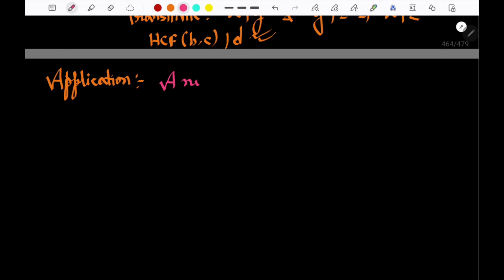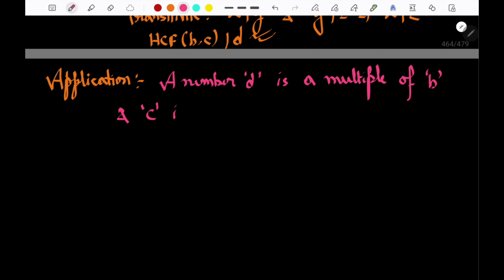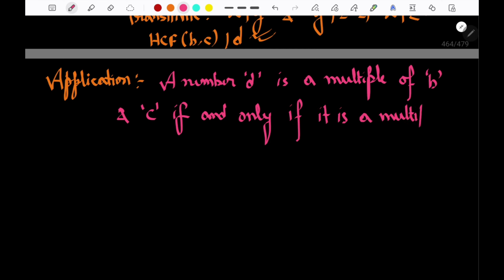It means we say a number D is a multiple of B and C if and only if it is a multiple of their LCM. This is the correct statement completely.